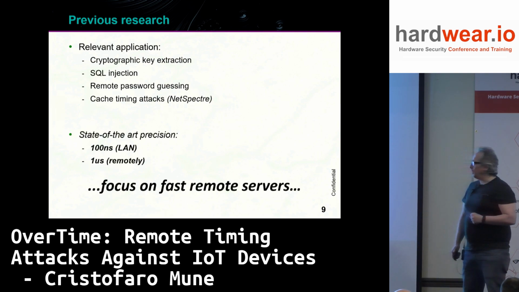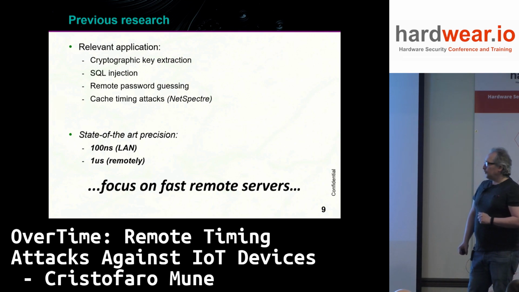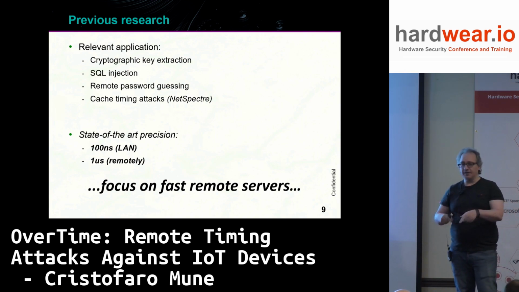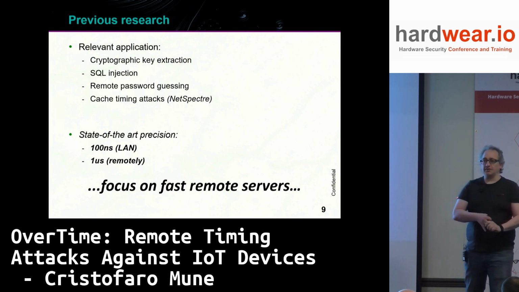What can we do on the network nowadays? We can distinguish differences of 100 nanoseconds over the LAN locally. So if you are on the same LAN, we can take enough measurements for distinguishing processes of 100 nanosecond difference, while remotely, we can actually do at the most 1 microsecond.